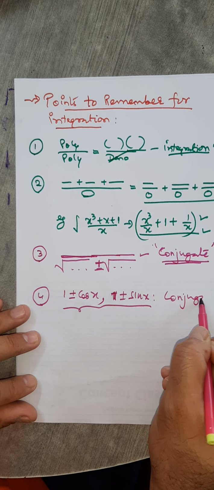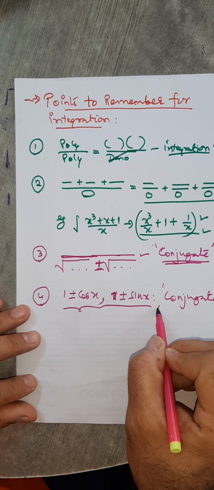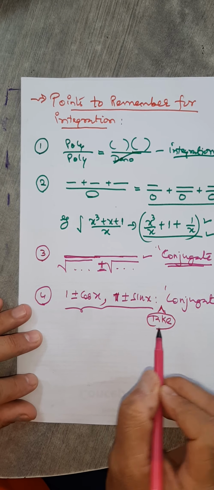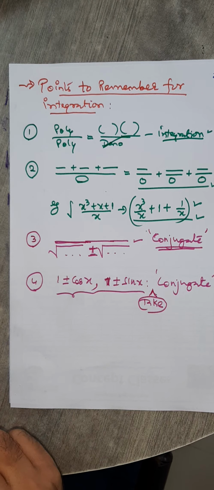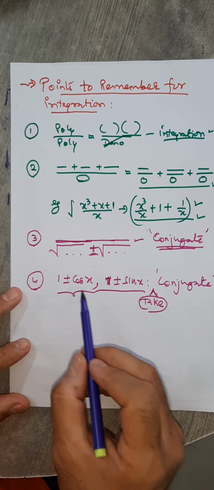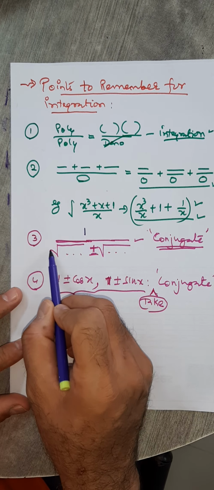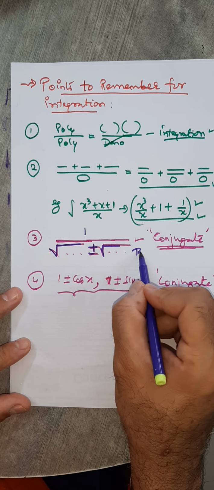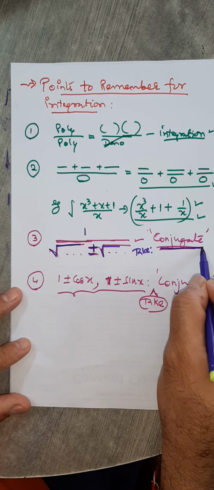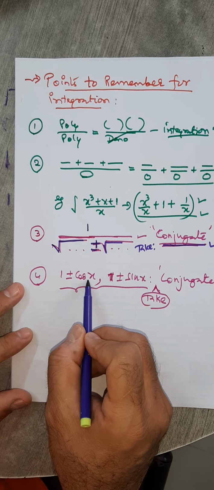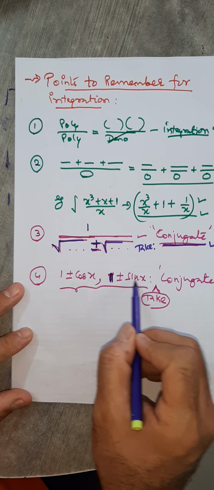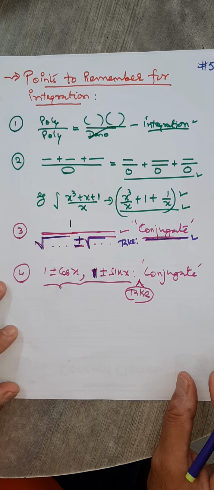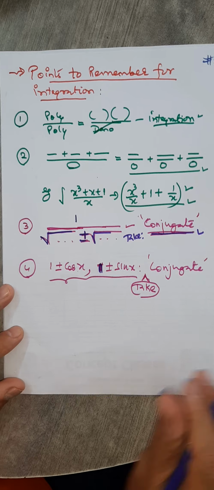Then it becomes easier, remember, a little bit. Without this it can also be done, remember. So if you have in the denominator such a root expression, plus or minus root, take conjugate here. You know what a conjugate is. If you have 1 plus or minus cos, 1 plus or minus sin, take conjugate. Out of these 4, if any one is present, you can take conjugate here.